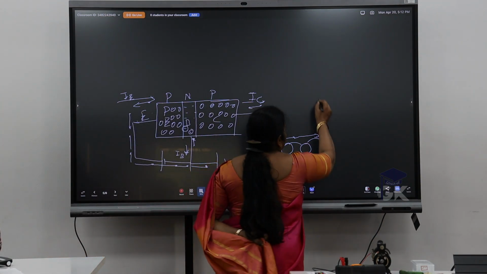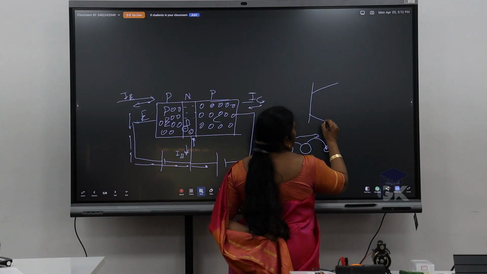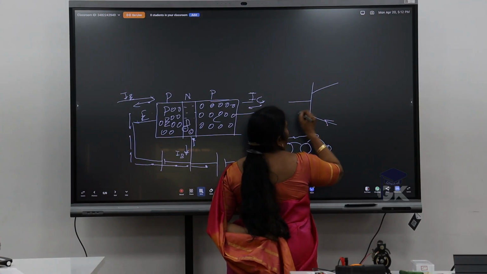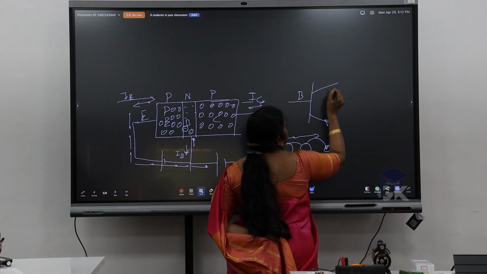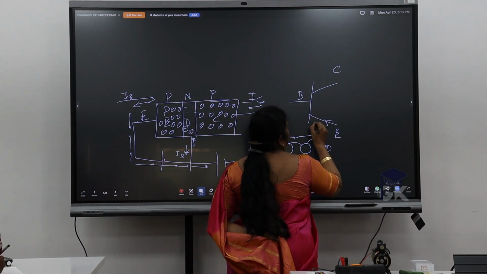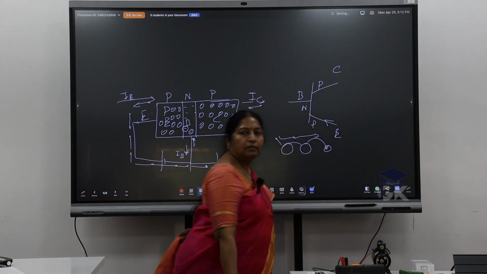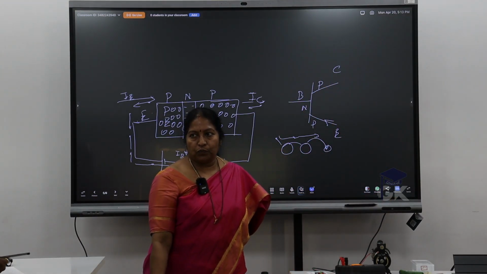So therefore the symbol is like this. This is base, collector, emitter, and this is P, N, P. This is the symbol, how we show it.